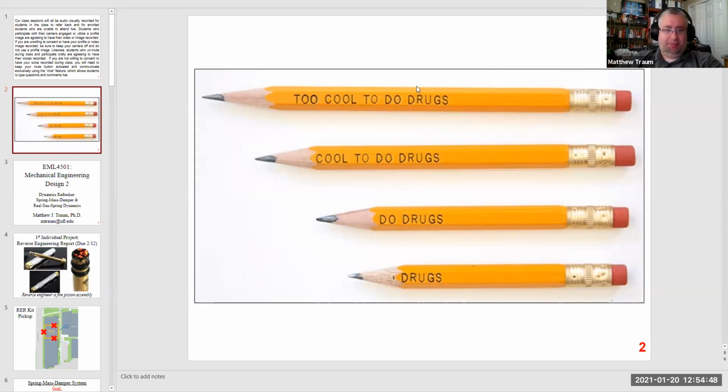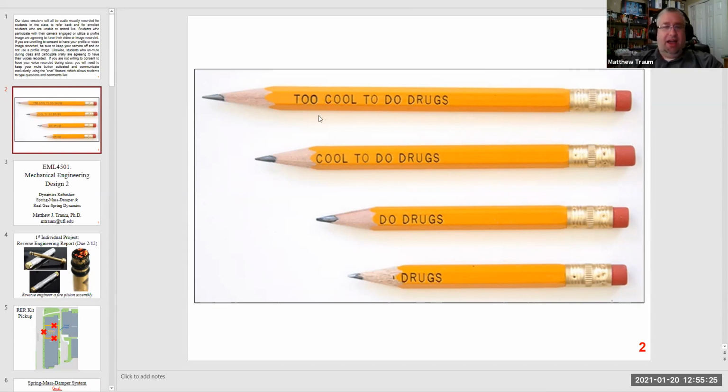They're the old style wood and graphite pencils, and when the pencil broke and you sharpened it, it would shorten the pencil, because you'd have to chew down some of the wood to expose the fresh lead. In shortening the pencil, the message changed from what they intended, "too cool to do drugs," a don't-do-drugs, drugs-are-bad message, to "cool to do drugs," and then just "do drugs," and then "drugs."